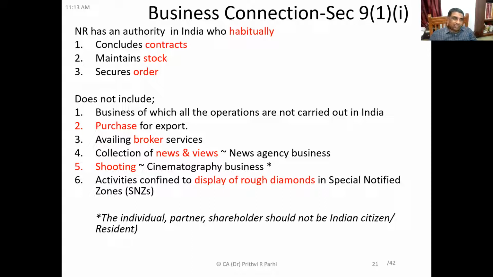But business connection does not include business of which all operations are not carried out in India. That means some parts are carried out in India, some parts are not carried out in India.